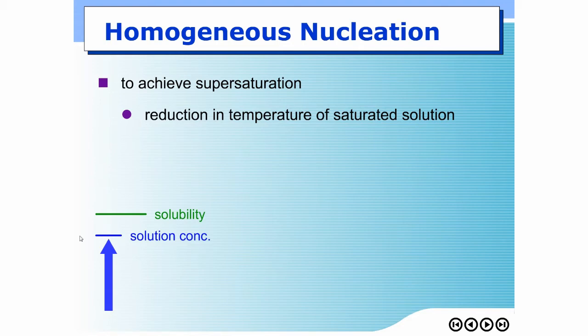Alright? We cannot get supersaturation by simply adding the solute into the solution. That's almost impossible. The way to achieve supersaturation is to get the saturated solution, or the solution concentration really high near the solubility, and then decrease the solubility by decreasing the temperature.